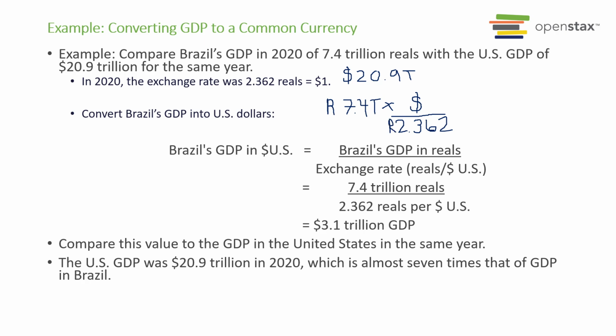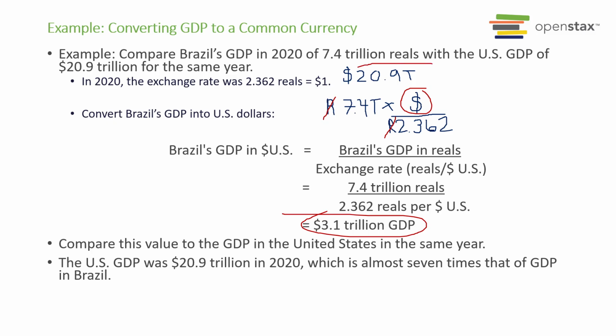That's the exchange rate. And now we can cancel the real out. It should always be the case that you cancel out the currency you don't want, and you're left with the currency that you do want. So you can see here, it's going to be $7.4 trillion divided by 2.362, and you should get the same value here, $3.1 trillion of GDP.